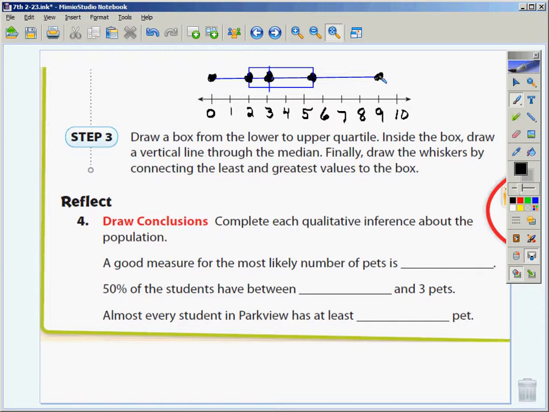In the middle, these 3 dots that are in the middle, we're going to put a box around them, and then we're going to draw a line down. Okay? So your box plot should now look like this.